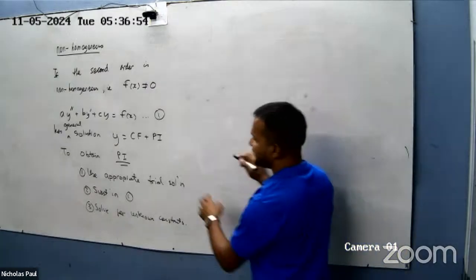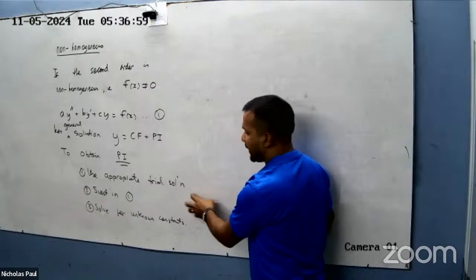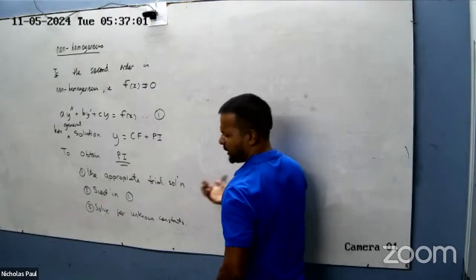So to get the particular integral, we have to use something called a trial solution, right? And I'll show you how to get a trial solution.